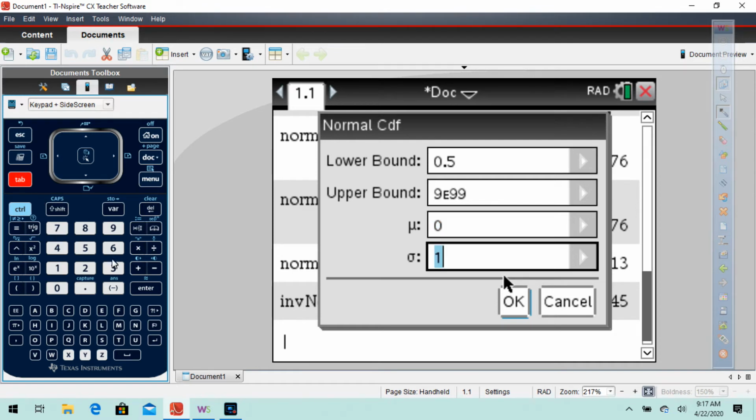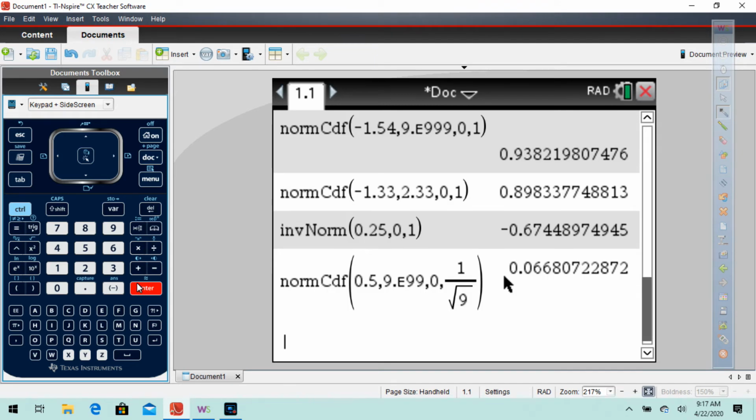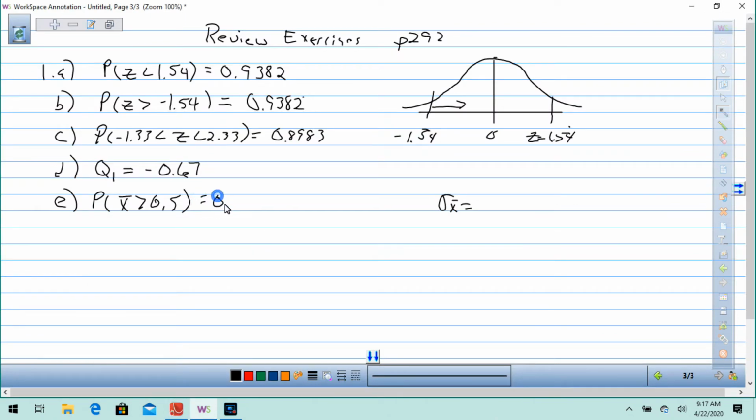The standard deviation is 1 divided by the square root of 9. And that's 0.0668. That's 1 divided by the square root of 9, which is 1/3.